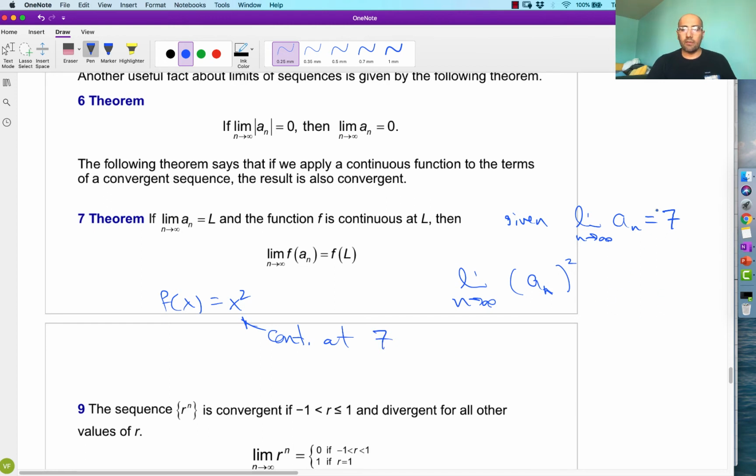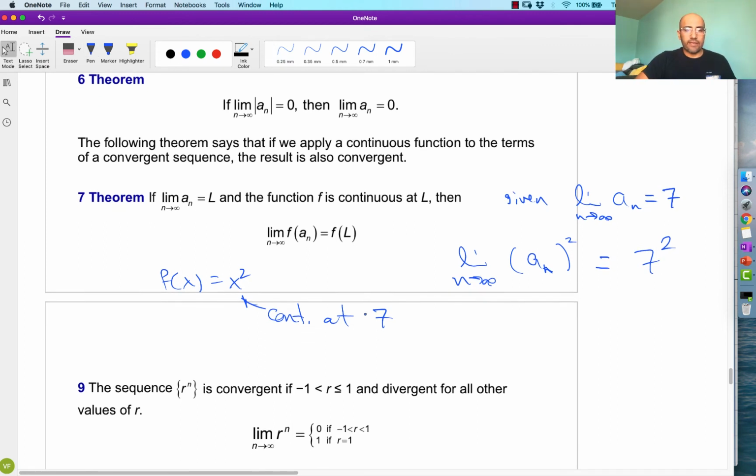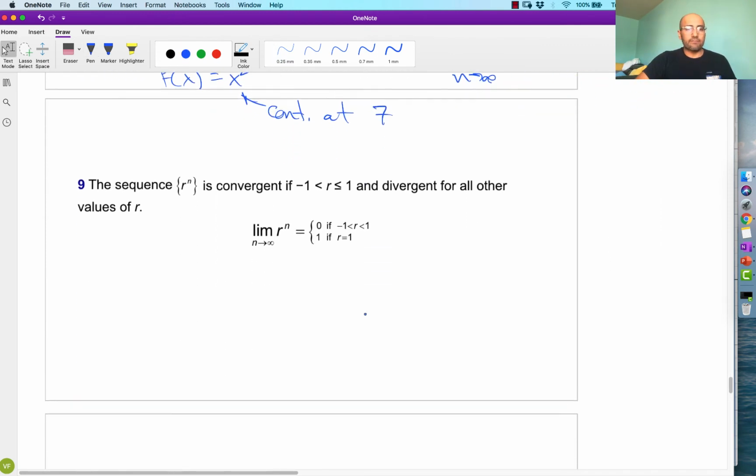So because this is true, this is going to be equal to 7 squared. Right? That's what this is saying. If the f function is continuous at L, then finding the limit as n goes to infinity of f of a sub n is the same thing as just plugging L into the f function. Okay, all right. Again, we'll see some examples that use that.